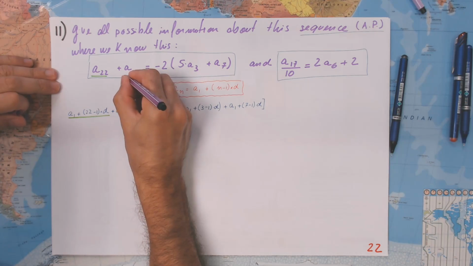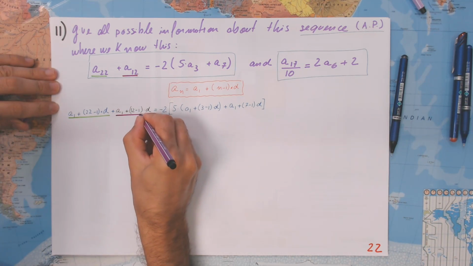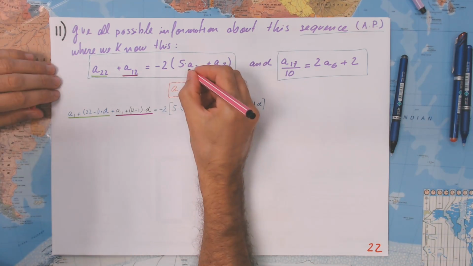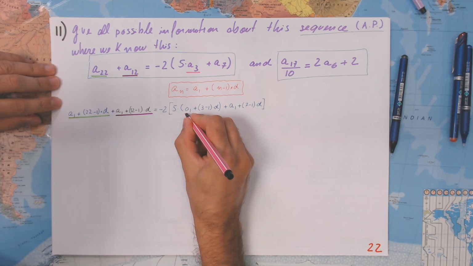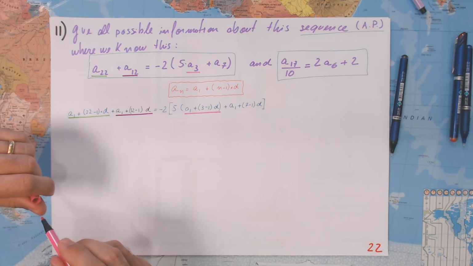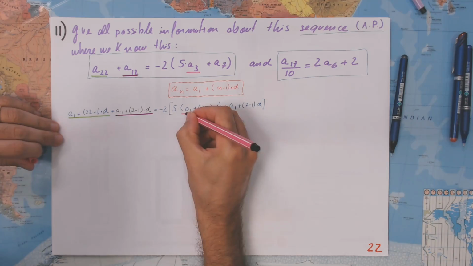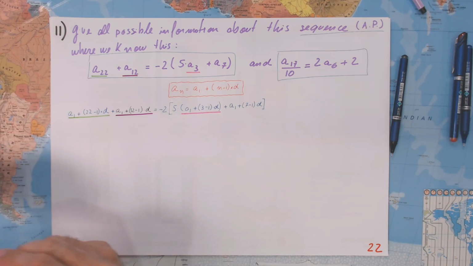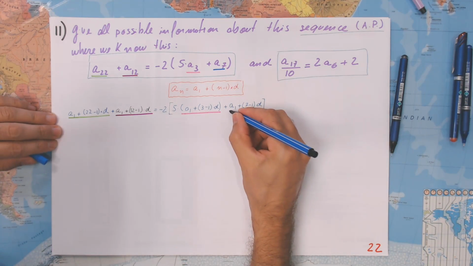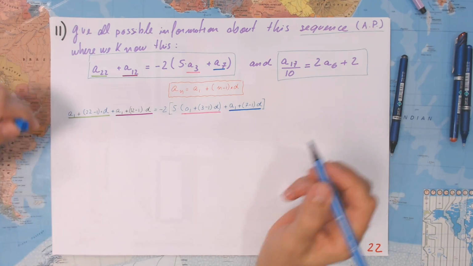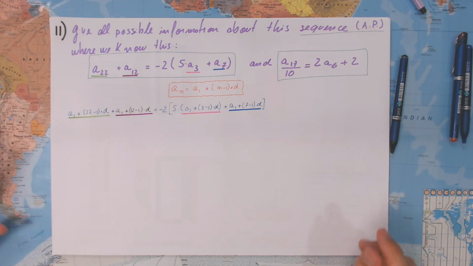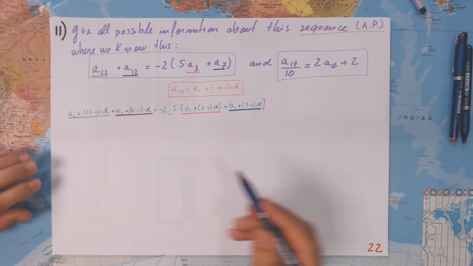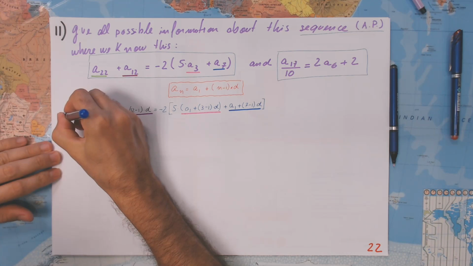This should be A22, this should be A12, this should be A3, and let's take the blue one, this should be A7. Okay, and now look, all I have is A1s and Ds. This is going to be my first equation.